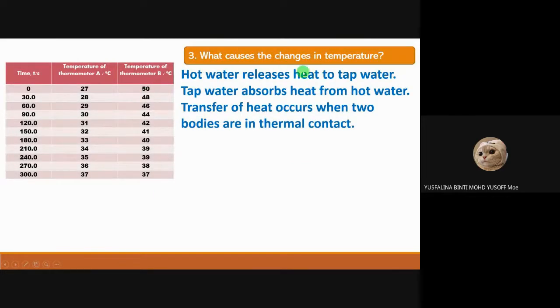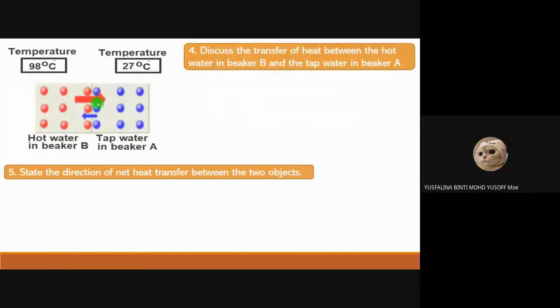So hot water releases heat to the tap water, and the tap water absorbs heat from the hot water. Transfer of heat occurs when the two bodies are in thermal contact. So from the hot water, it will release the heat to the tap water.